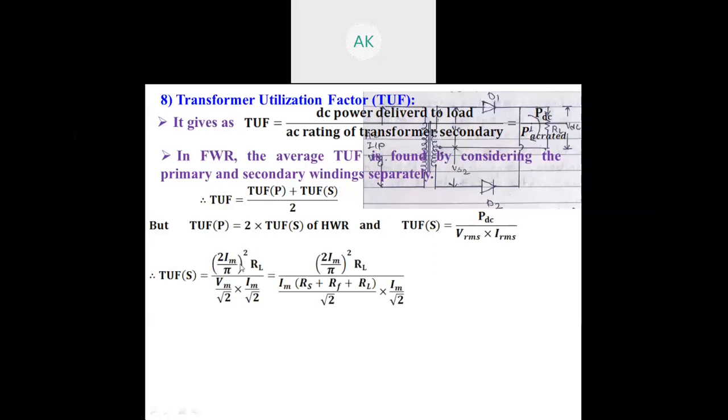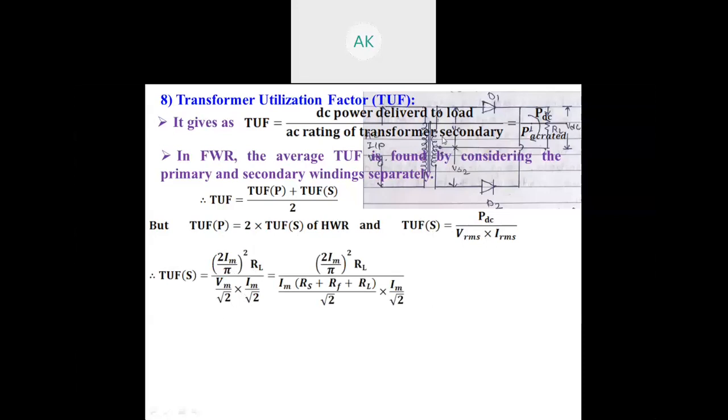So this is the expression: IDC square into RL. Similarly, what are VRMS and IRMS considering the input? VRMS and IRMS are Vm divided by root 2 and Im divided by root 2 for a full wave rectifier.